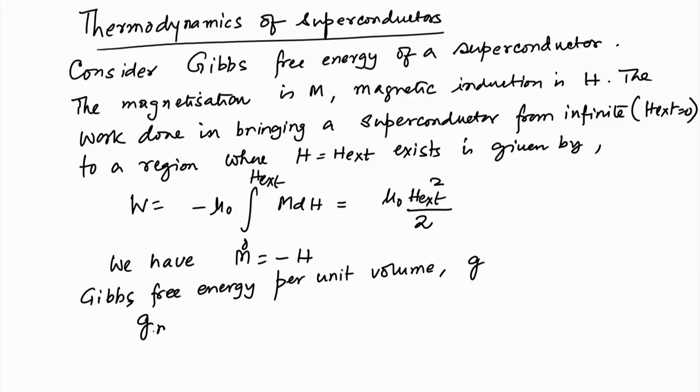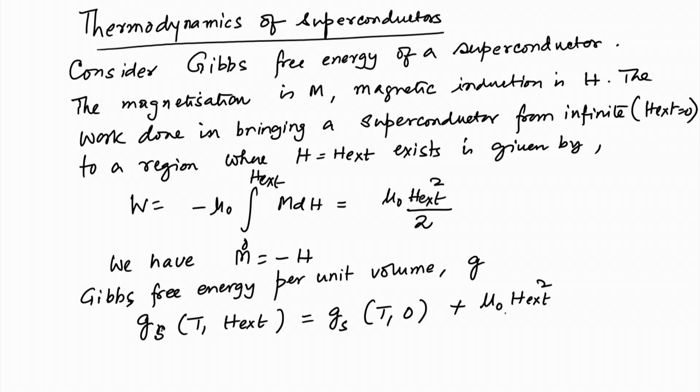So, g_S, S stands for superconductor, at a temperature T and an external magnetic induction, is equal to g_S(T, 0) plus this extra energy that it acquires because of the H external, which is what we have shown here.